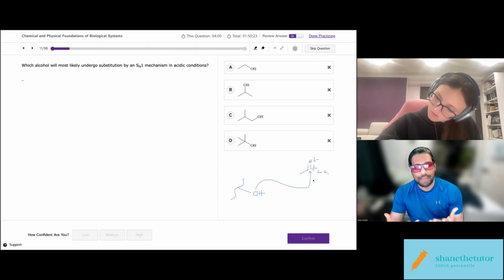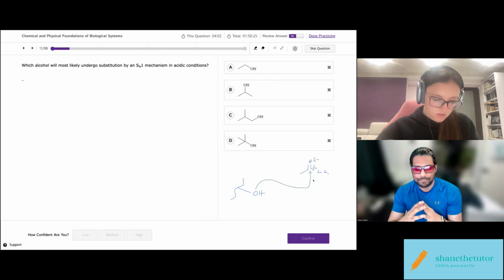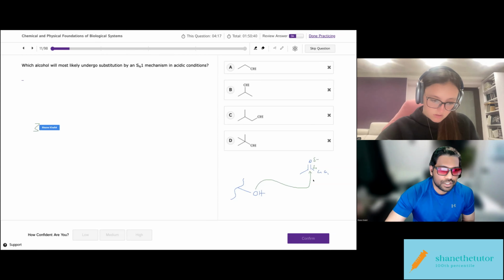So that happens in two steps. The first step is the leaving group leaves. And when that happens, you're going to get a carbocation. And in terms of carbocation stability, tertiary is greater than secondary, greater than primary.